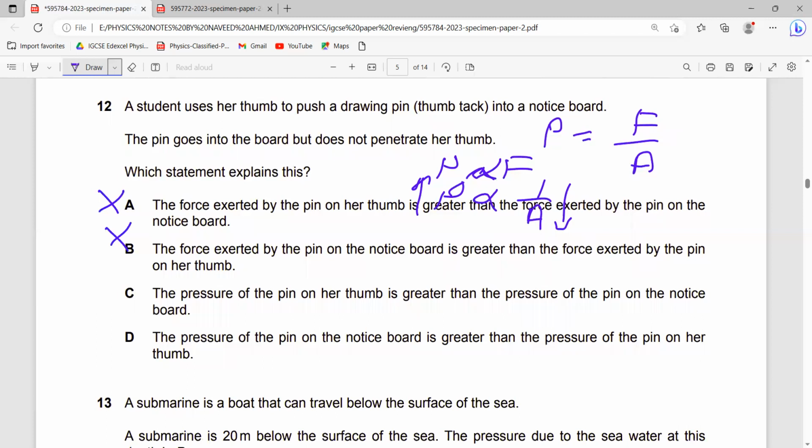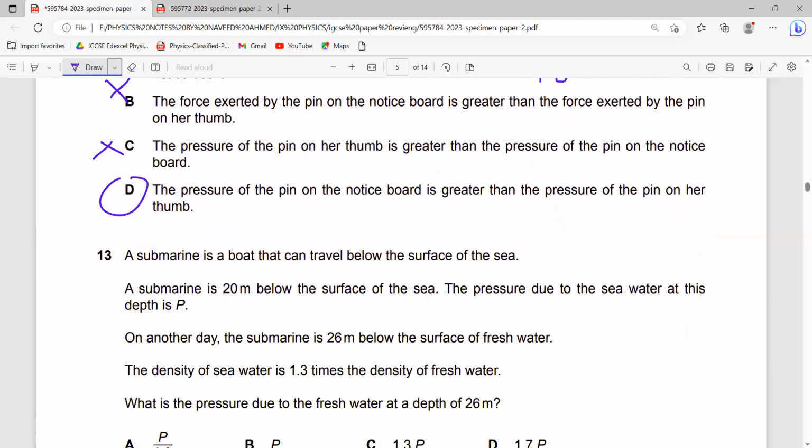No, the pressure at the top would be less because the contact area was more between the thumb and the top of the nail. So this is also not possible. Only D, the pressure of the pin on the notice board is greater than the pressure at the thumb. Good. So D is the right option.